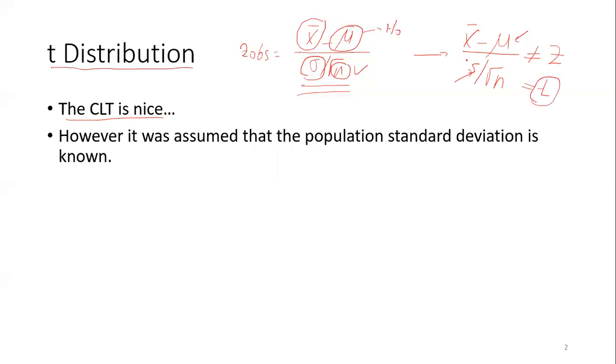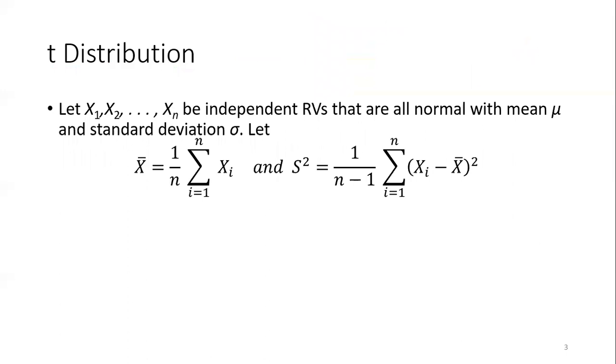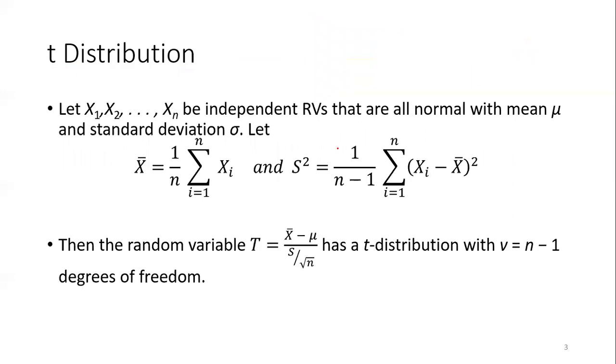Okay, so this is another random variable, which is called the t random variable. So let's read the definition.